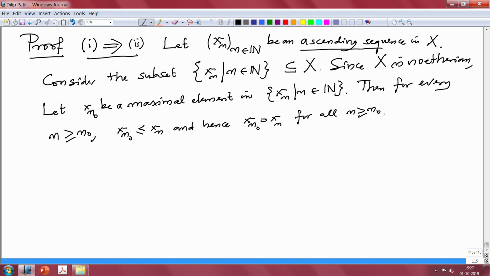So this means that this sequence (x_n) is stationary.